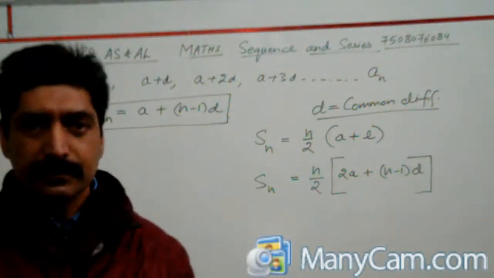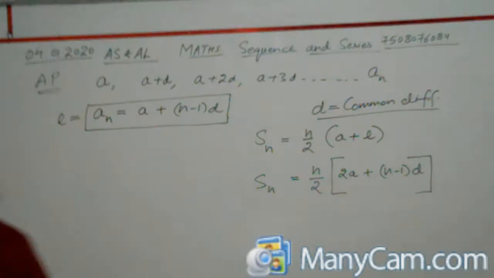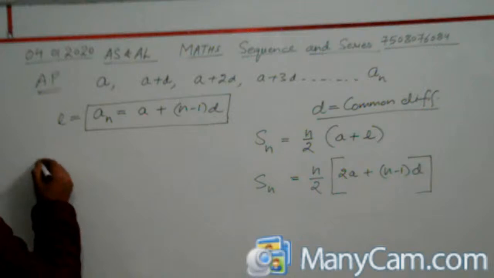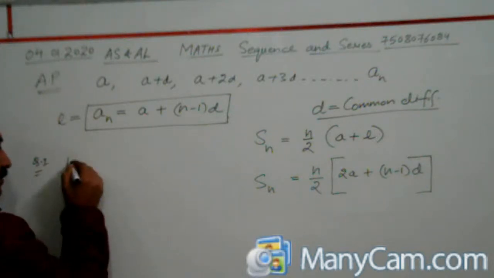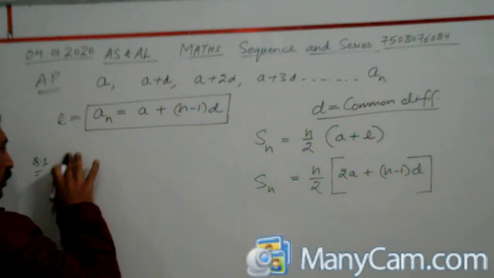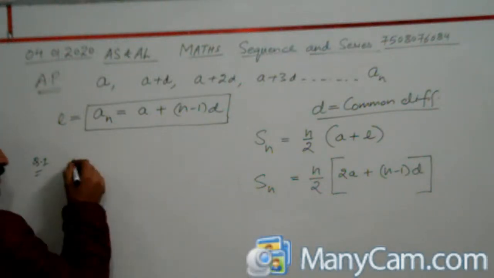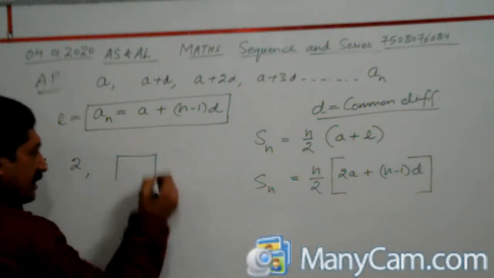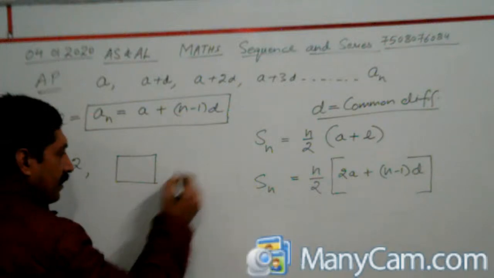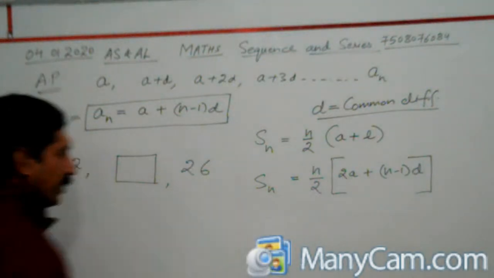Right? So let's begin with some questions here. Question 1: we are given three numbers, the first term is 2, the second number is missing, and the third one is 26.